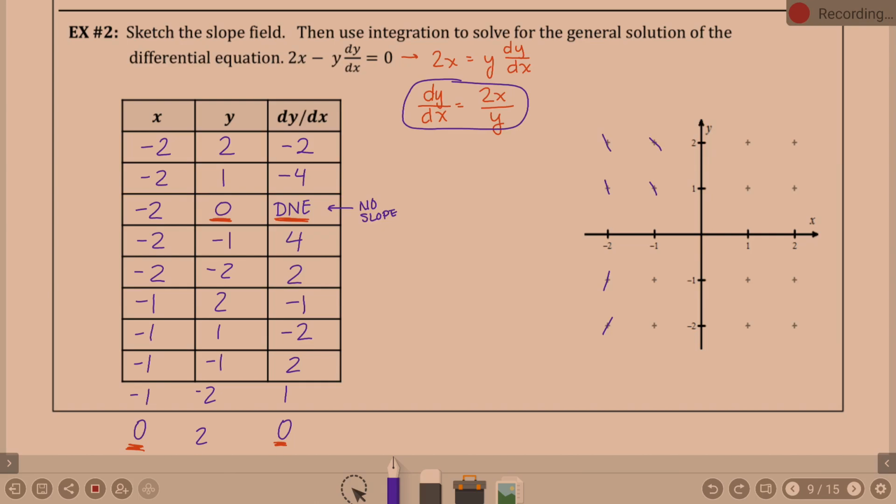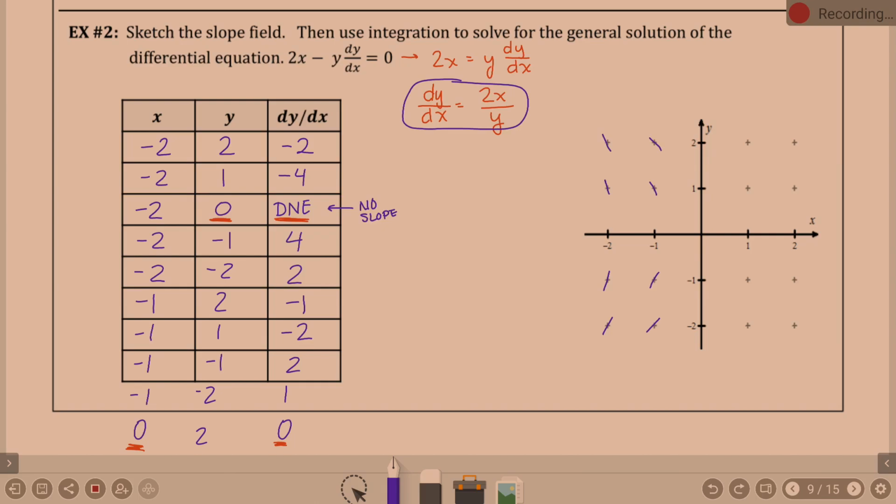I'll put nothing at -1, 0. What do we have down here? -1, -1, 2. So positive. Middle steep. And then -1, -2 is going to be a slope of 1.